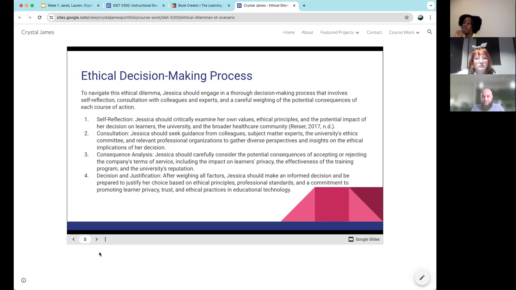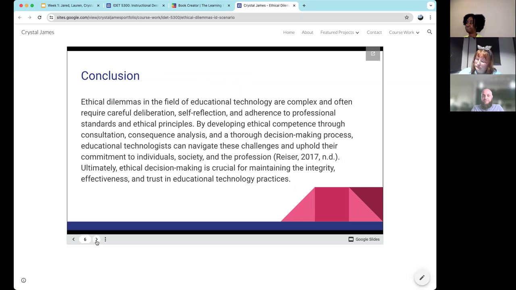And then after weighing all the factors, Jessica should make an informed decision and be prepared to justify her choice based on ethical principles, professional standards, and a commitment to promoting learner privacy, trust, and ethical practices in education technology.